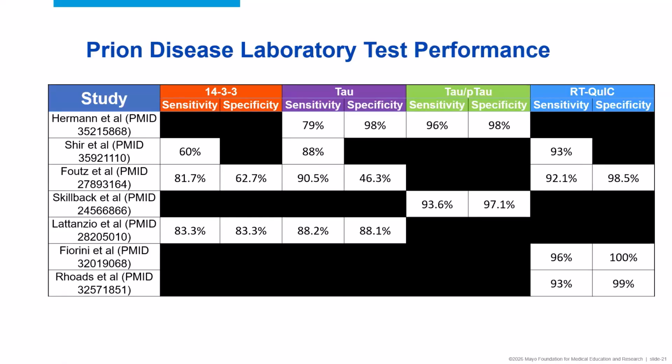This figure is just a high-level overview of the performance, in terms of clinical sensitivity and specificity, of some of these different tests and different studies that have looked at this.